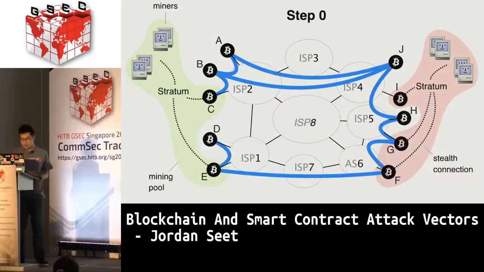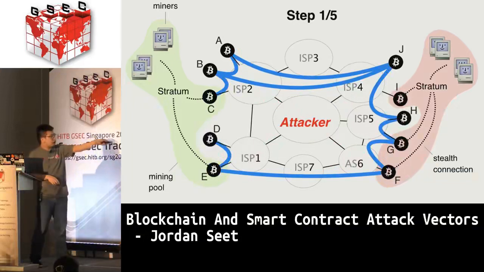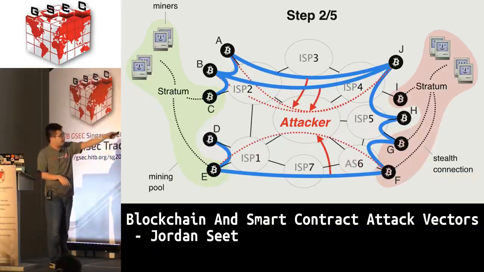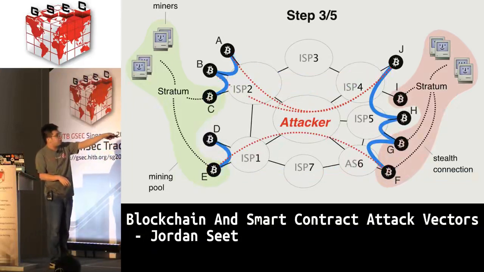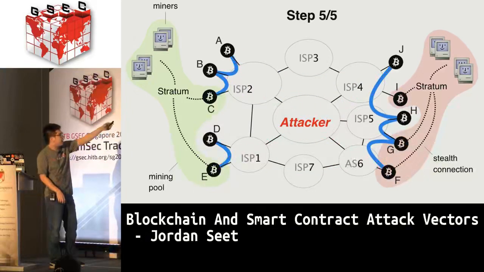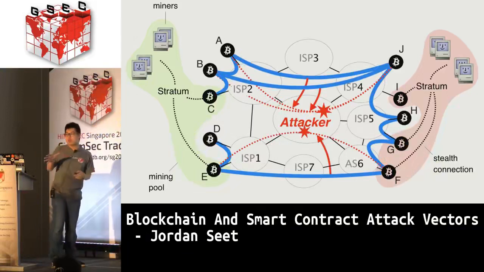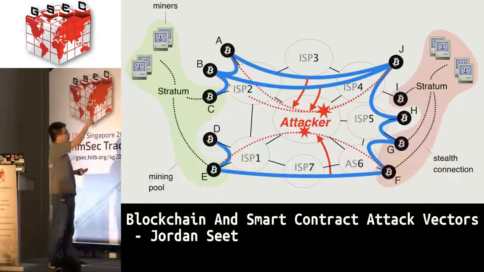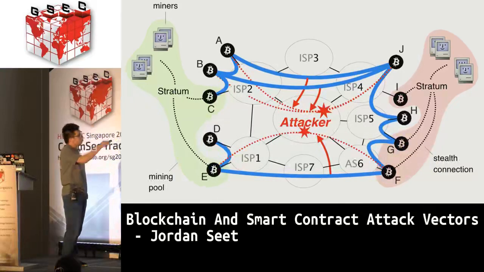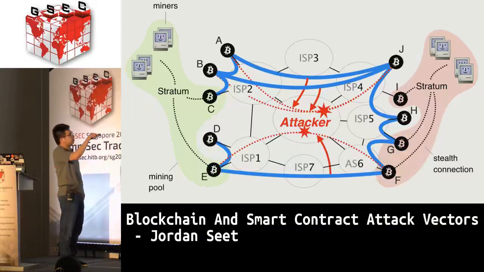So in step 0, you can see that every node is connected. I hijack the AS. I influence the border gateway protocol to come towards me. I partition the network by telling them that they should talk amongst themselves instead. Through the border gateway protocol, I can influence the routing such that nodes, instead of talking to each other, talk only within their groups.